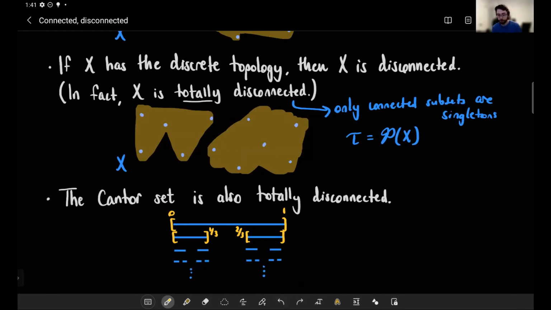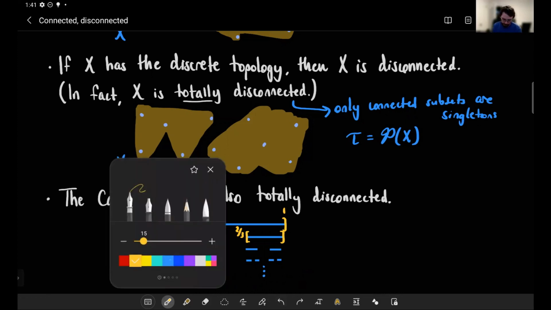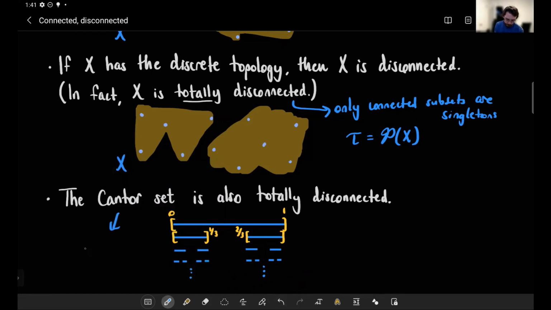That ends up being totally disconnected because, again, any pair of points you pick, you can find a disconnection with them. And yeah, the only connected subsets of the Cantor set are going to be singletons. Another way of saying that is the Cantor set contains no intervals.